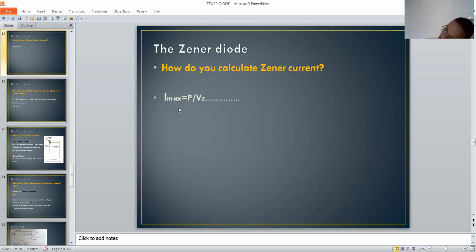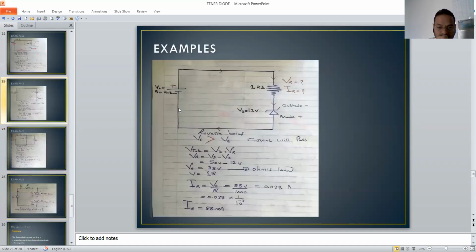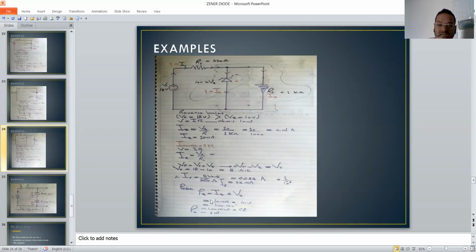The current equals the power divided by the Zener voltage or breakdown voltage. Here, by using this rule, current equals power divided by breakdown voltage, we can calculate the power equal current dot Zener voltage.